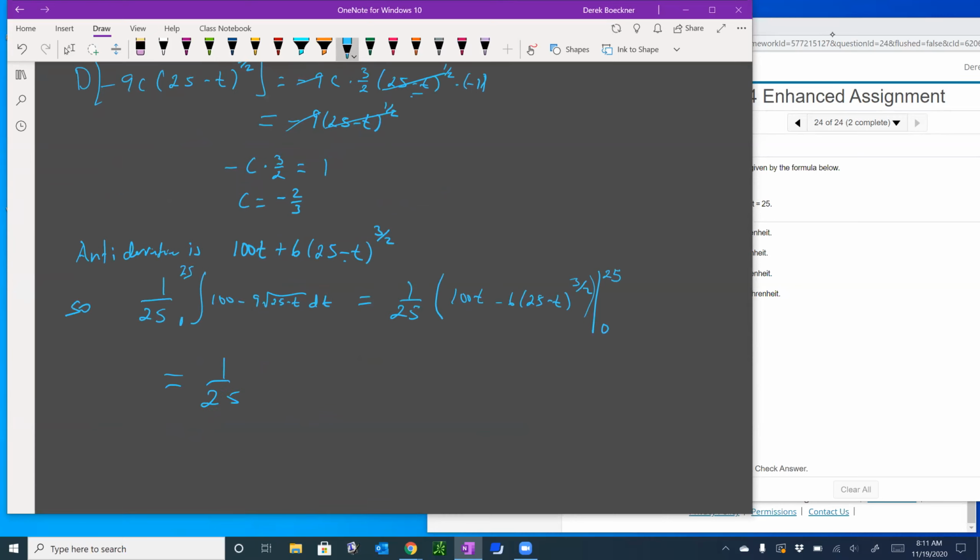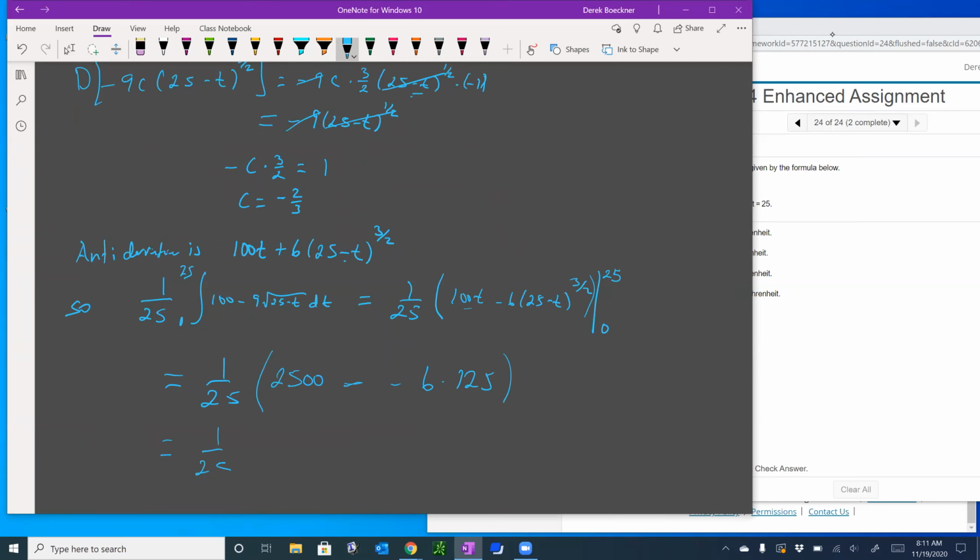1 over 25. I evaluate that at 25, 2,500, and that'll be 0. So 2,500 is the evaluation at 25 minus, if I evaluate at 0, this will be 0, and I'll get a minus 6 times the square root of 25 cubed, which is 125.